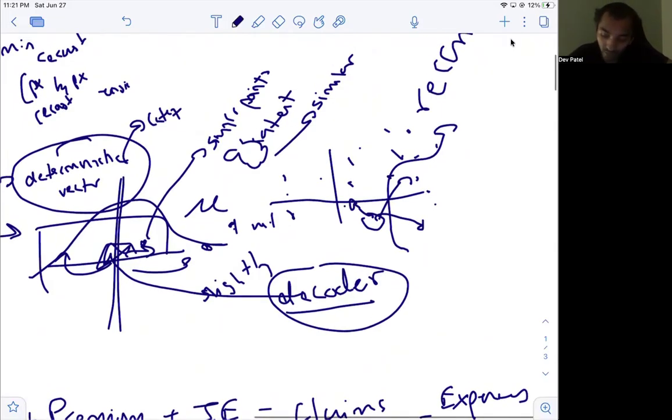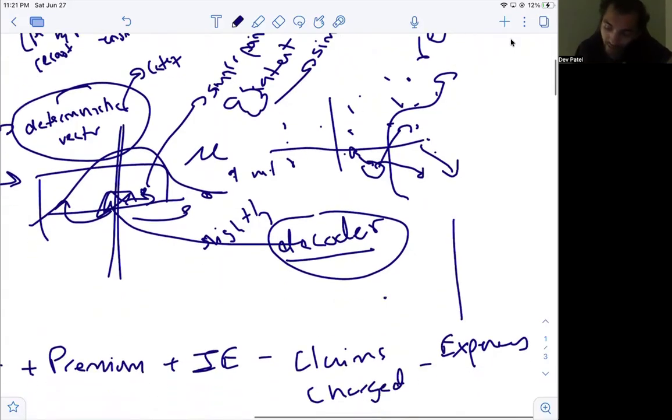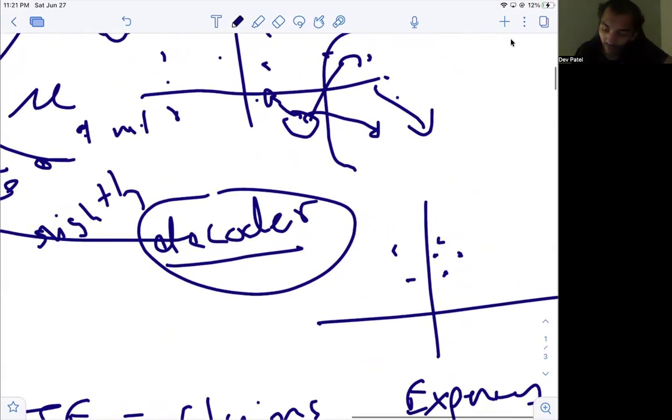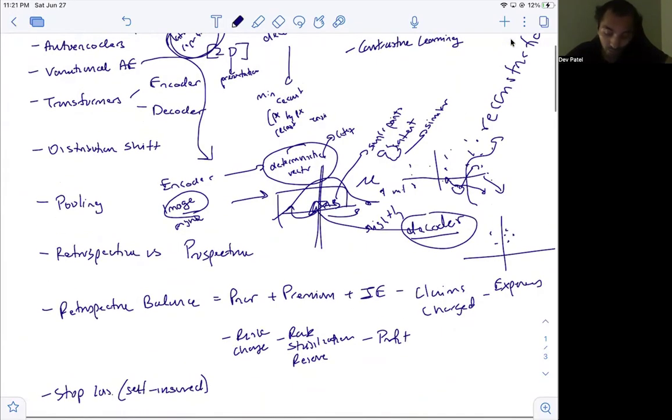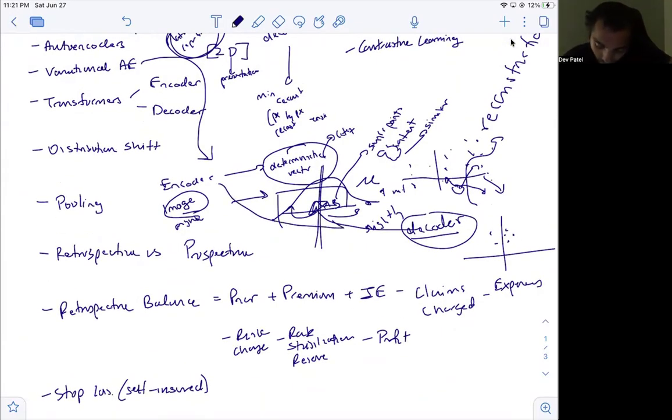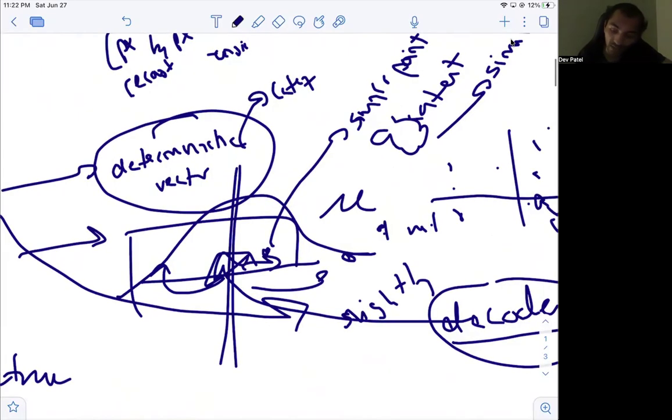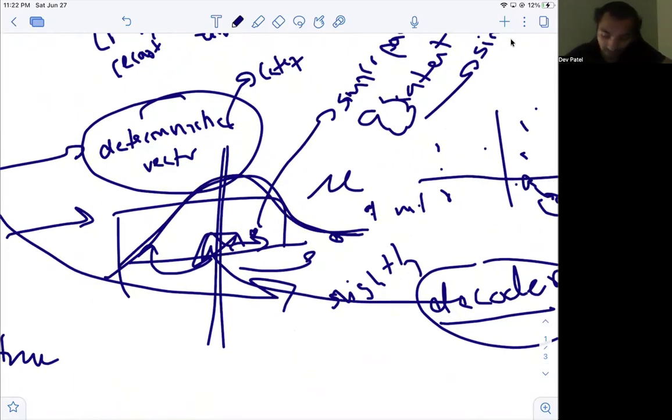So we want to create a latent space such that all of the vectors in the latent space follow the standard normal distribution. We want the distribution that the encoder outputs to follow a standard normal distribution with mean zero, variance one.